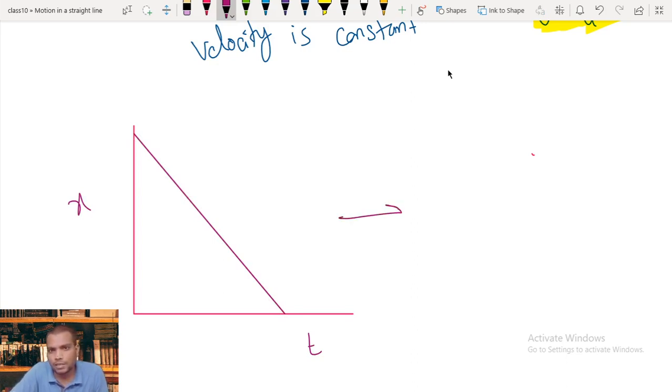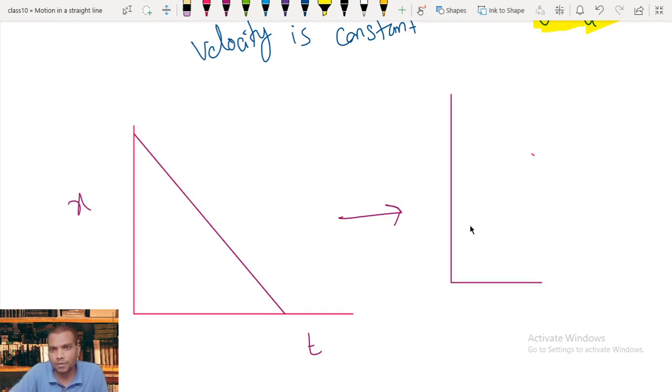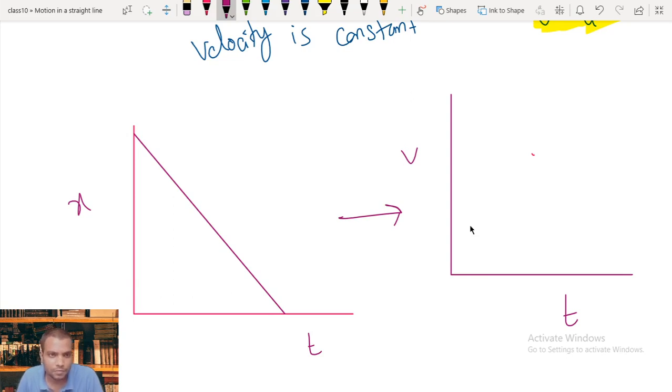Can you guess what the velocity versus time graph would be? Think about that. Now this time the slope is downward. So now I can say the object's initial velocity here, sorry, initial position. So this is the initial position.